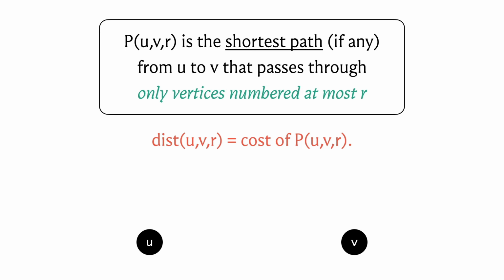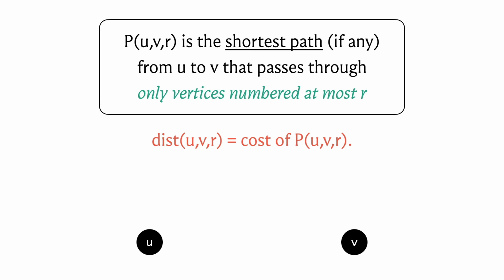Well, if it doesn't use the vertex labeled r, and originally all of the vertices on this path were supposed to have labels at most r, given that we are not using the vertex r, this path must in fact be a path where all the vertex labels are at most r minus 1. So in this case, what can we say?